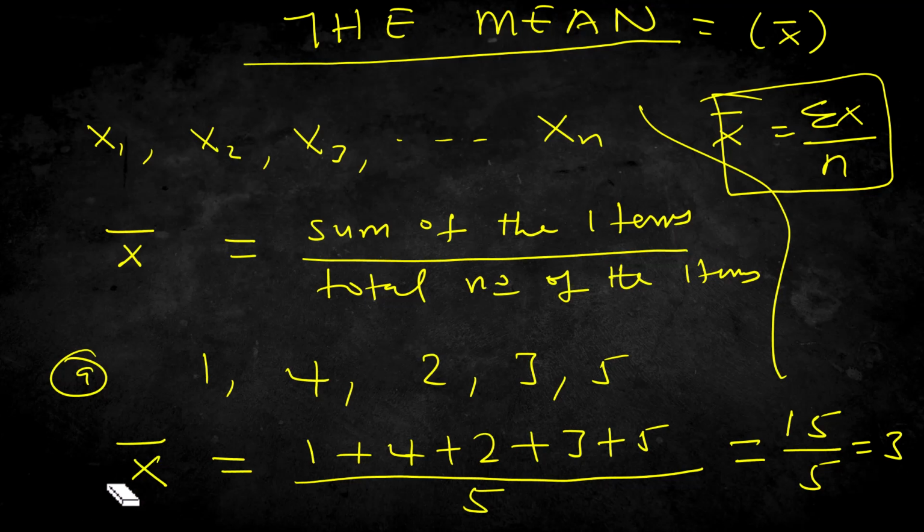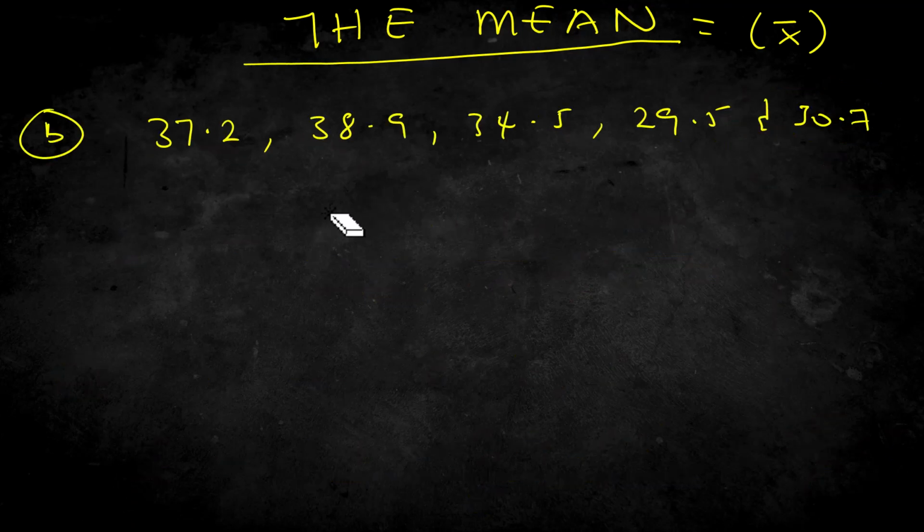All right, let's try this. Let's find the mean of these numbers. We have 1, 2, 3, 4, 5. So the mean is given by the summation of the items over the total number of items.